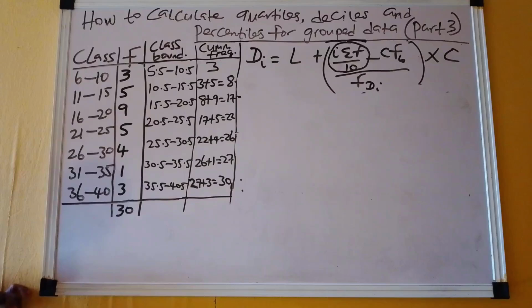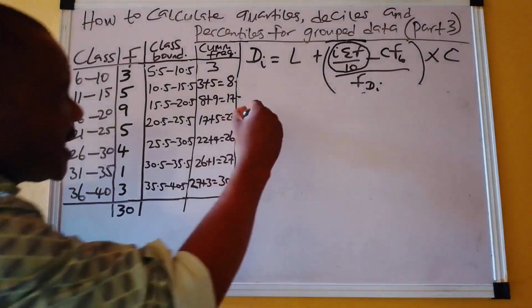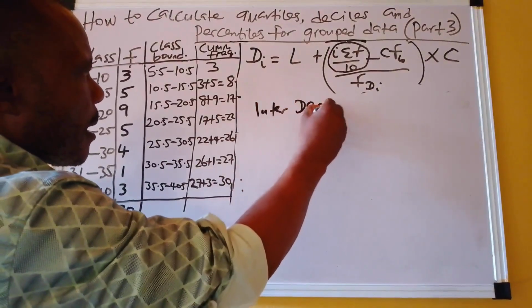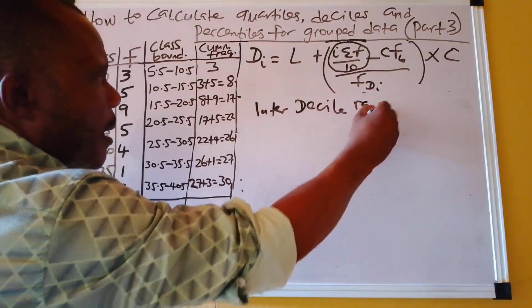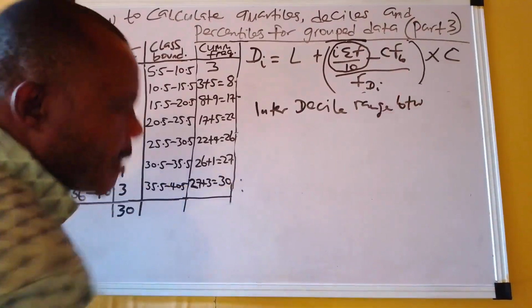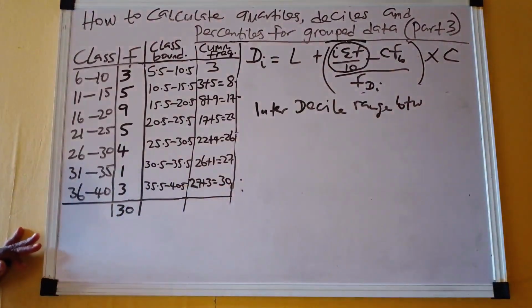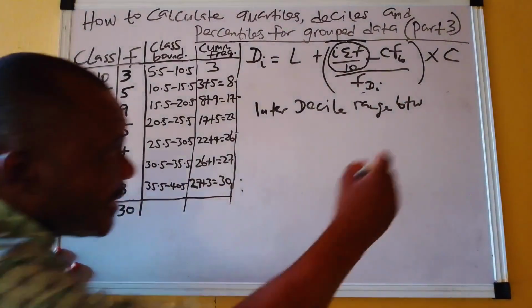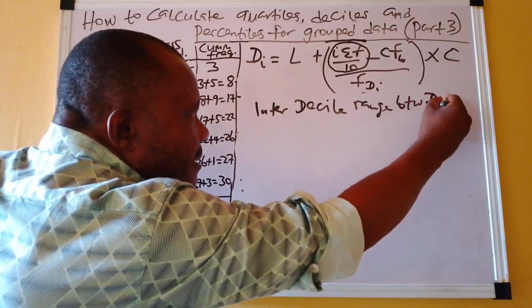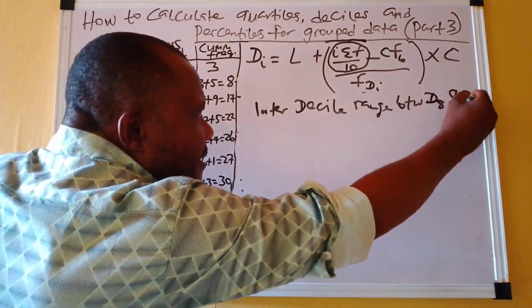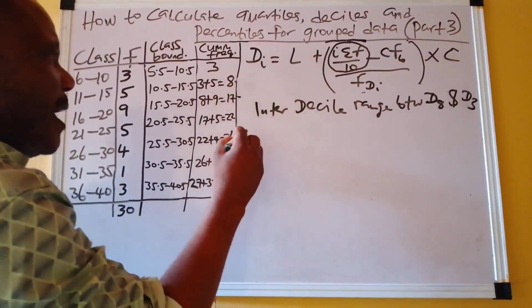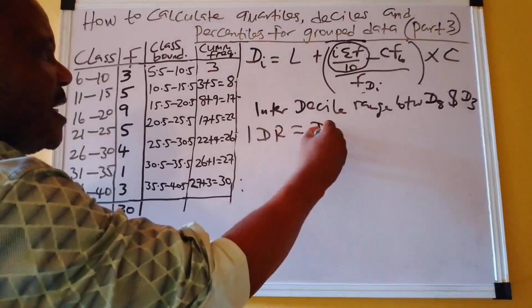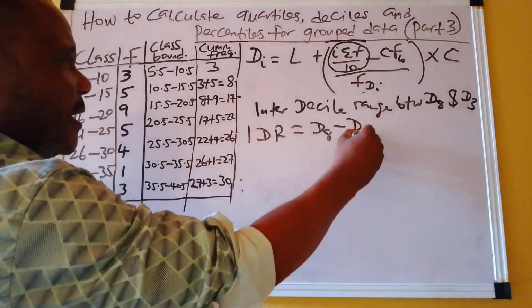We must pick two deciles. Let's look at it between D8 and D3. So our interdecile range is equal to D8 minus D3.